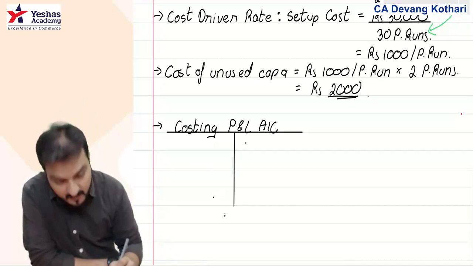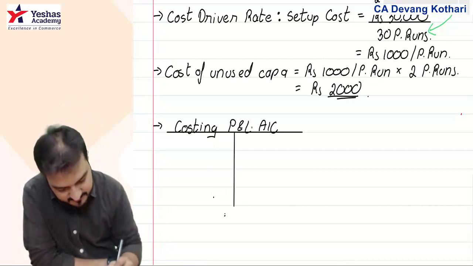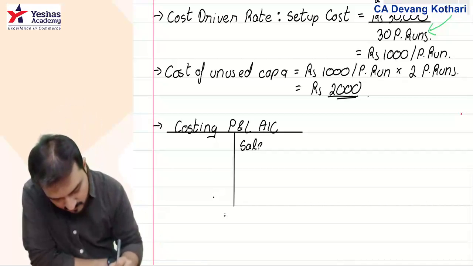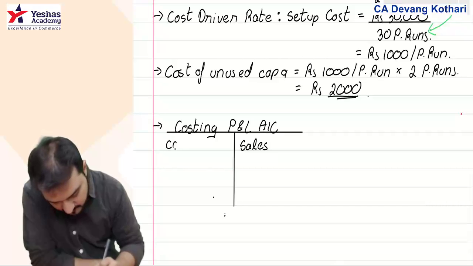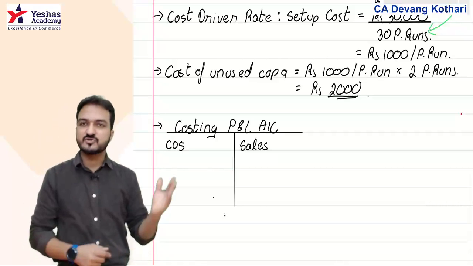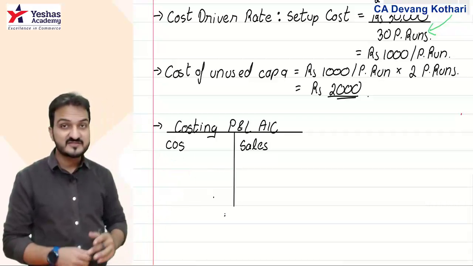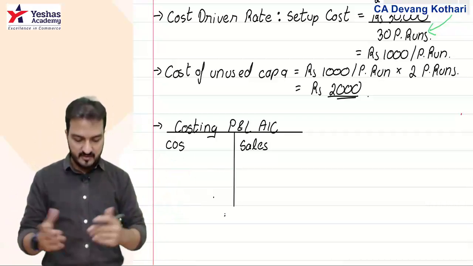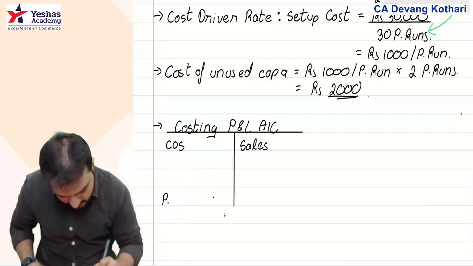My costing P&L account basically has only two things: sales and the cost of sales. Cost of sales comes from the cost sheet. The difference will directly give you the profit.